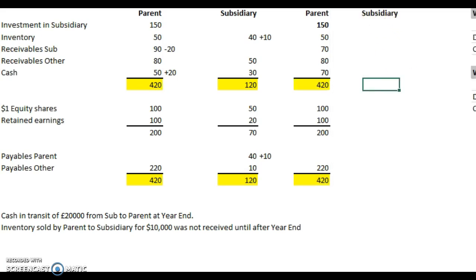So we'll have a look at the subsidiary now. Inventory is plus 40 plus 10. No receivables from itself. Receivables are the 50. Cash 30. Gives a total of not 80 but 130.